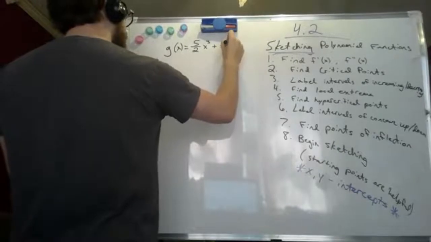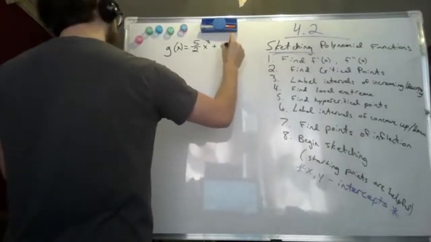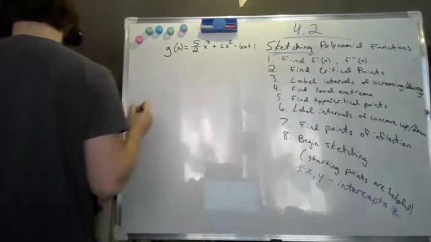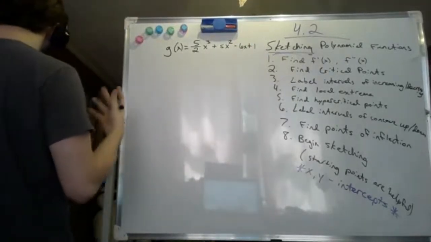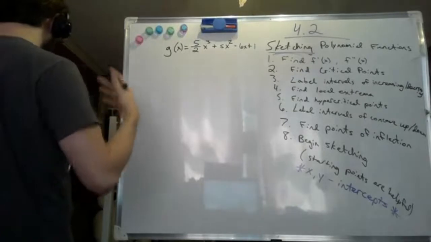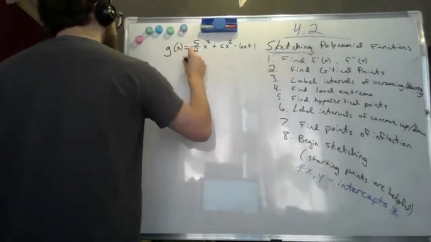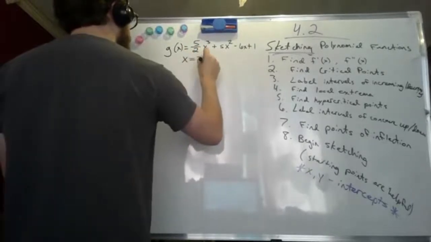So suppose that g of x has an inflection point at x equals 3.